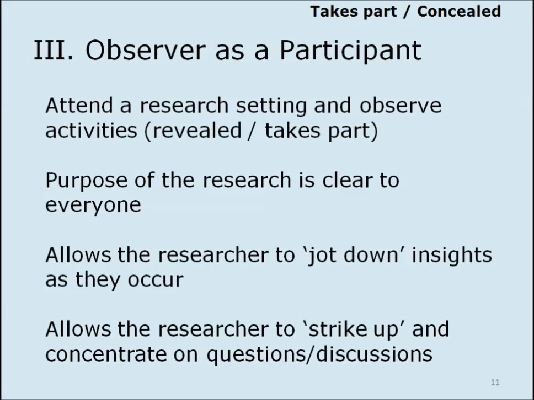However, the ones that you can go for are things like observer as a participant. Okay, now this one here is where you attend a research setting to observe, but it's revealed. You have to forgive me, it's not concealed, it's revealed.